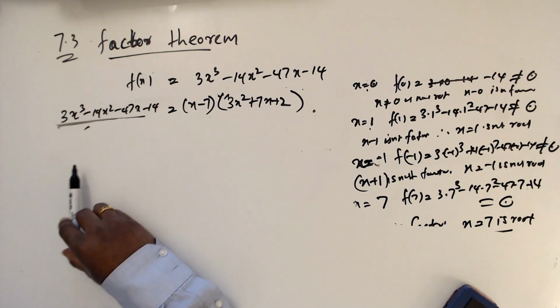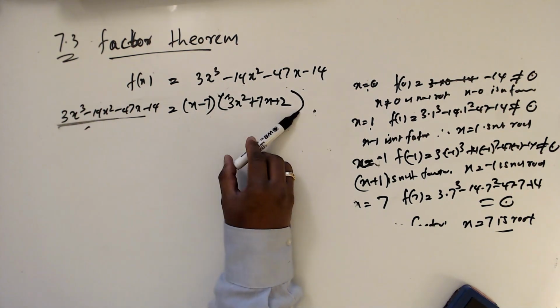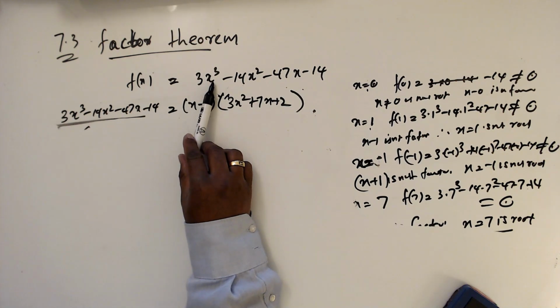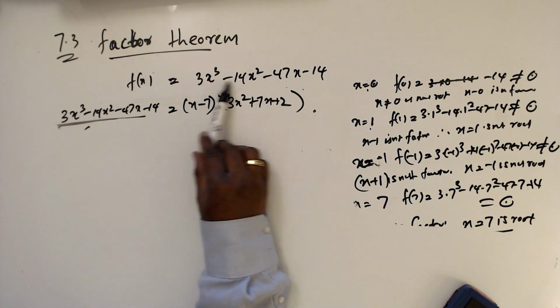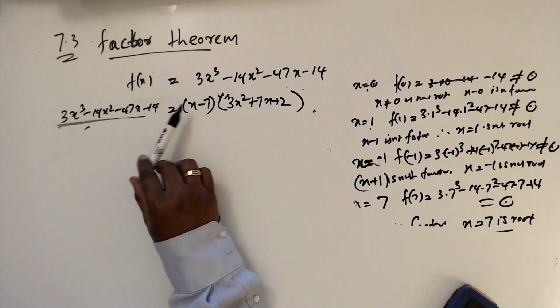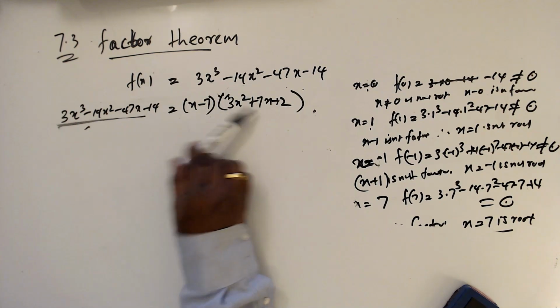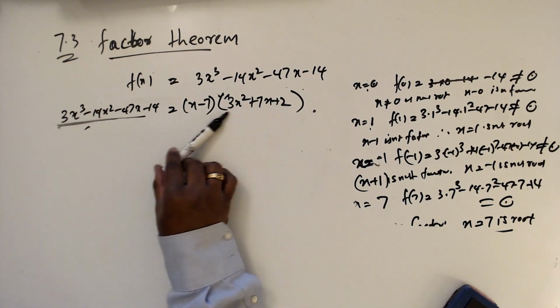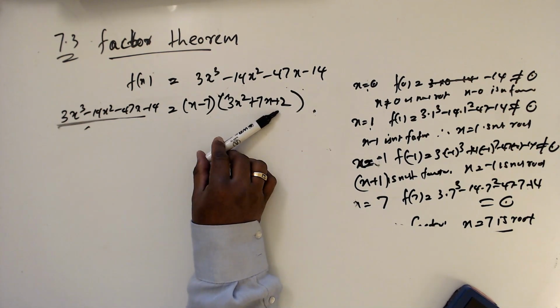You divide it and you find the other expression. Now you bring the cubic one to a linear and a quadratic. You know how to factorize the quadratic equation.